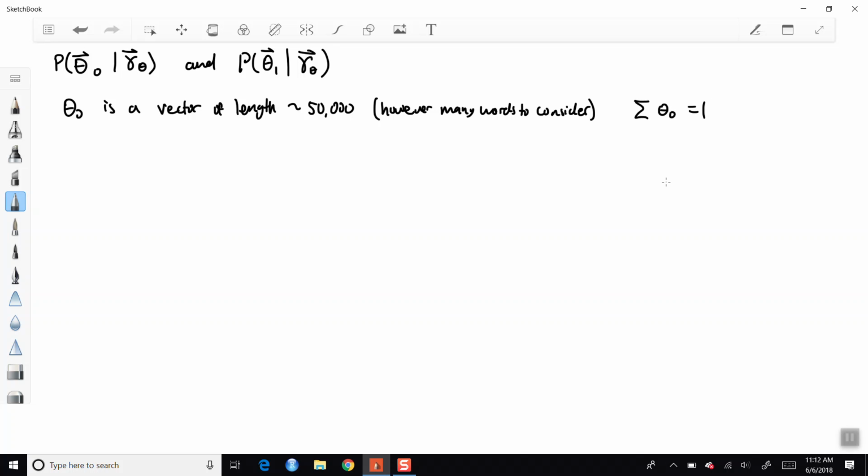So it's a probability vector, and it's the probability of each word. Okay, and then gamma theta is a vector used to define the Dirichlet distribution.